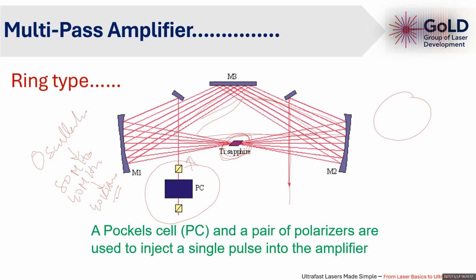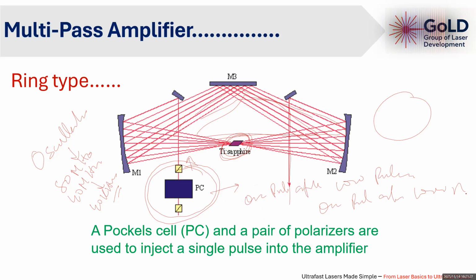The oscillator generates the pulses with a certain repetition rate. Then we need to select pulses from these, and we decide we may need one pulse after 100 pulses, or one pulse after 1000 pulses.